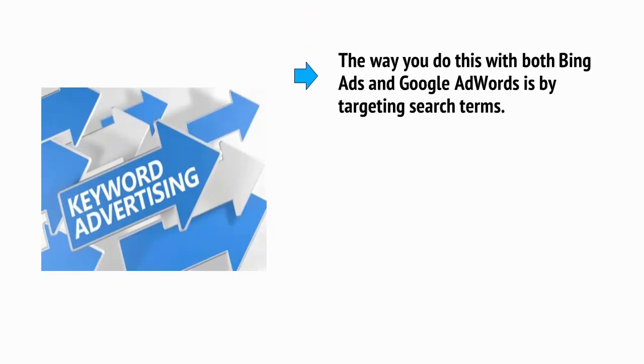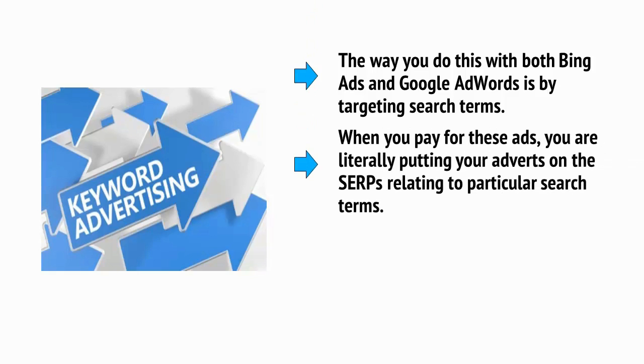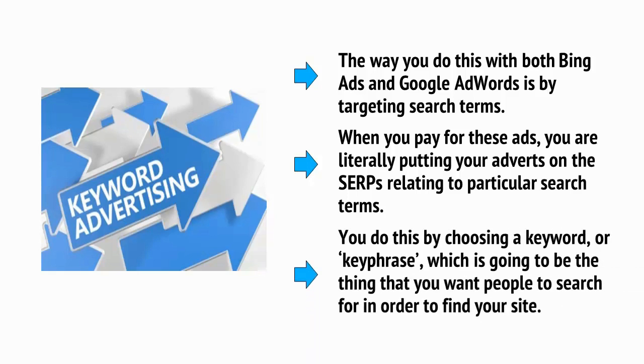The way you do this with both Bing ads and Google AdWords is by targeting search terms. When you pay for these ads, you're literally putting your adverts on the SERPs relating to a particular search term. You do this by choosing a keyword or key phrase, which is going to be the thing that you want people to search for in order to find your site.